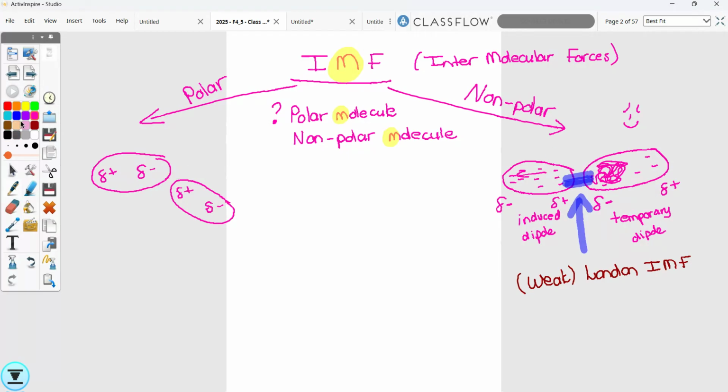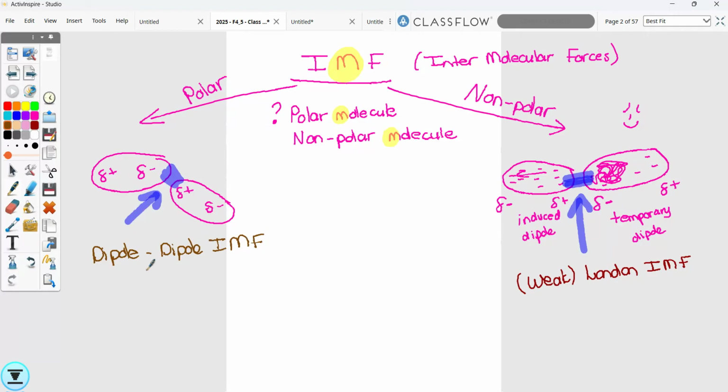So there, in between these two, I have a dipole IMF. And then, so I said you have two choices, so they're all going to be dipole, but then there's a special one again that needs to scream at you.